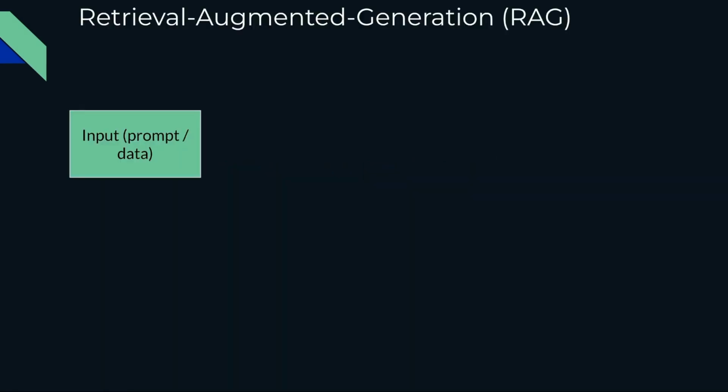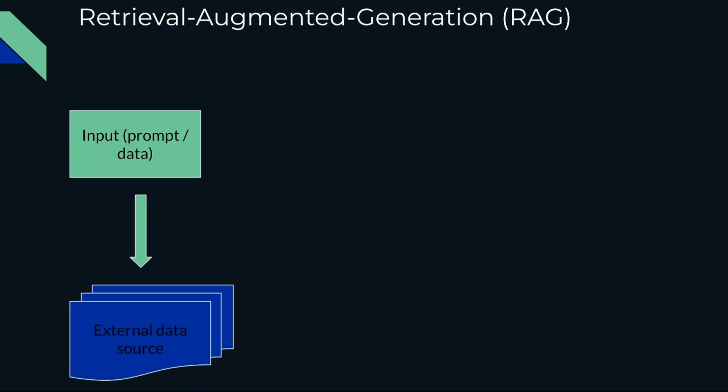Let's consider the example of ChatGPT here only. You provide the input in terms of a prompt or any particular data. That particular data goes to an external data source to get more authorized and contextual data.